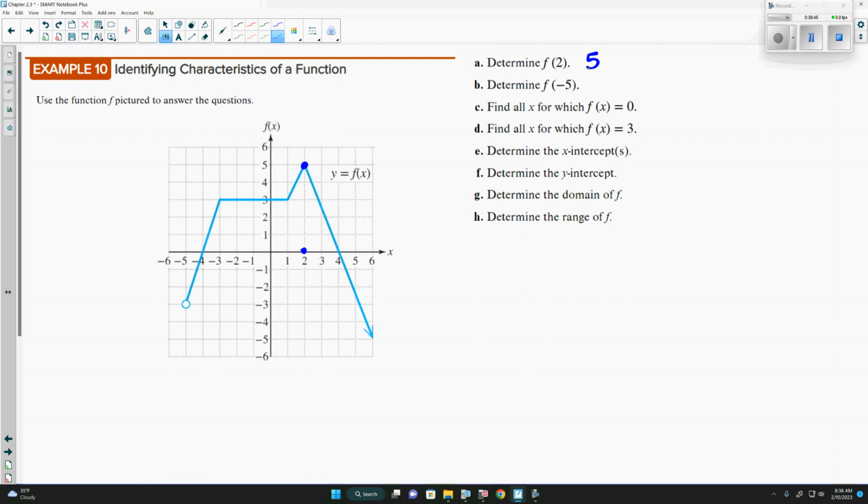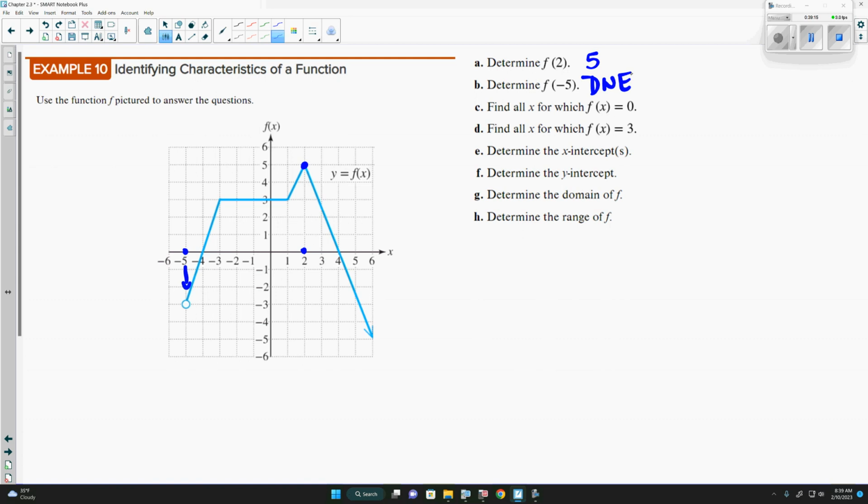F of -5. That's funny. I have a feeling, I'll double check this, but does it actually have a point at -5?